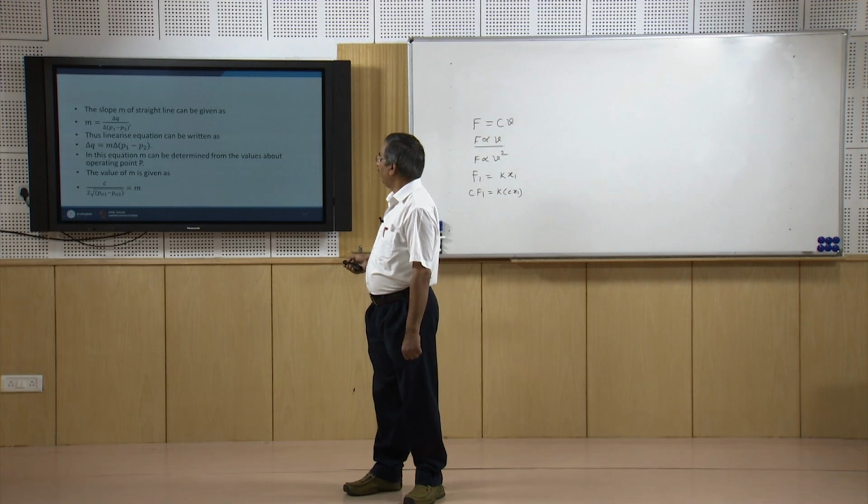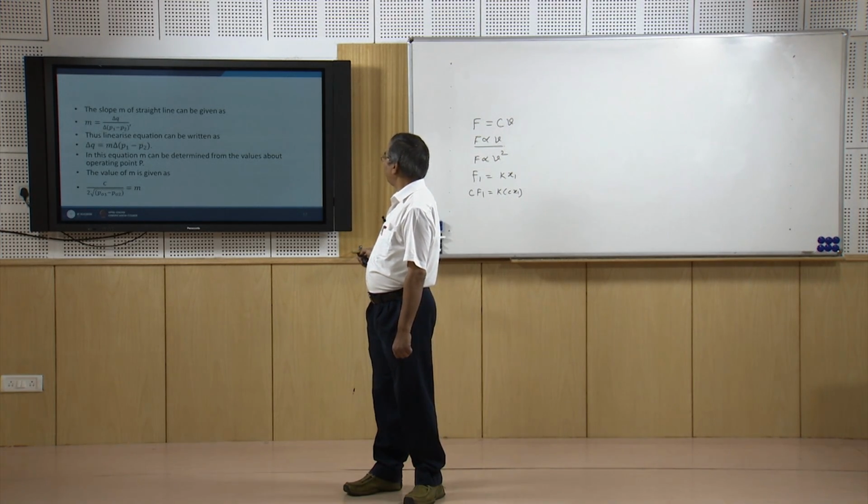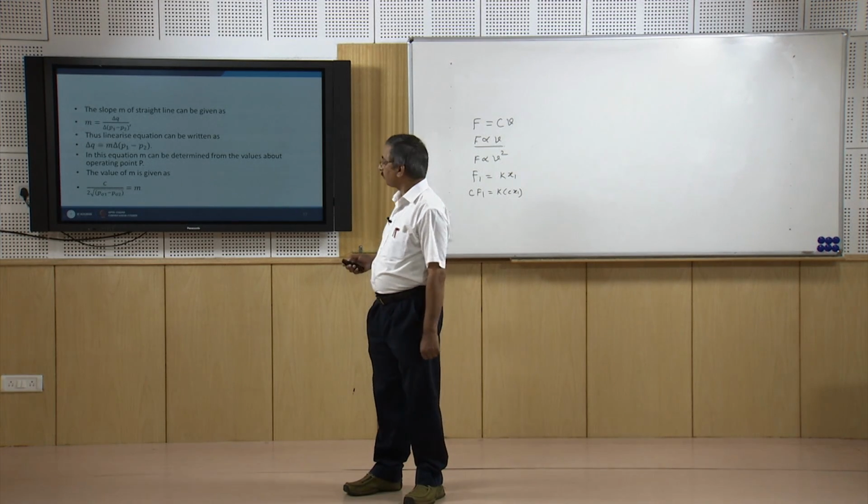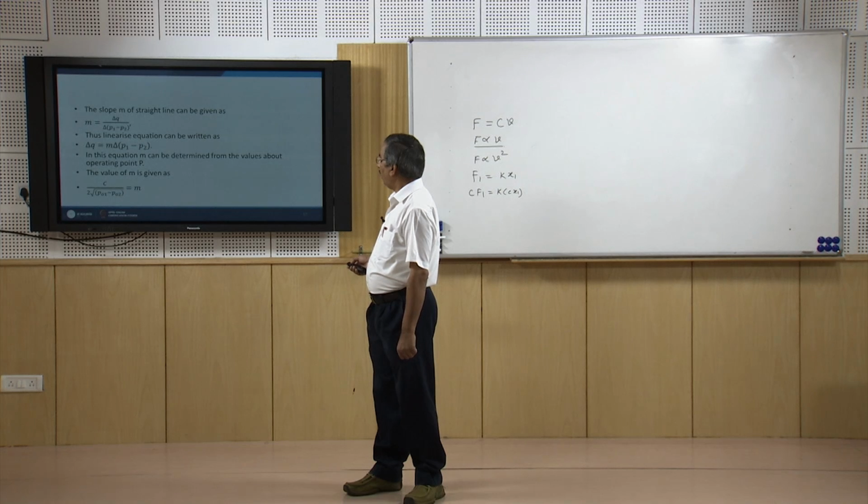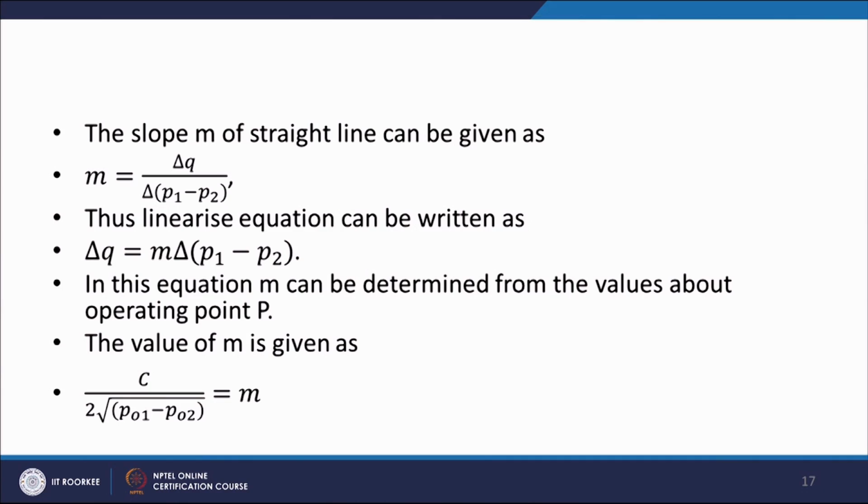In this equation, m can be determined by the values at operating point P. And the value of m, as I said, is equal to C by this value. And when I substitute this m value, I get the linearized equation.